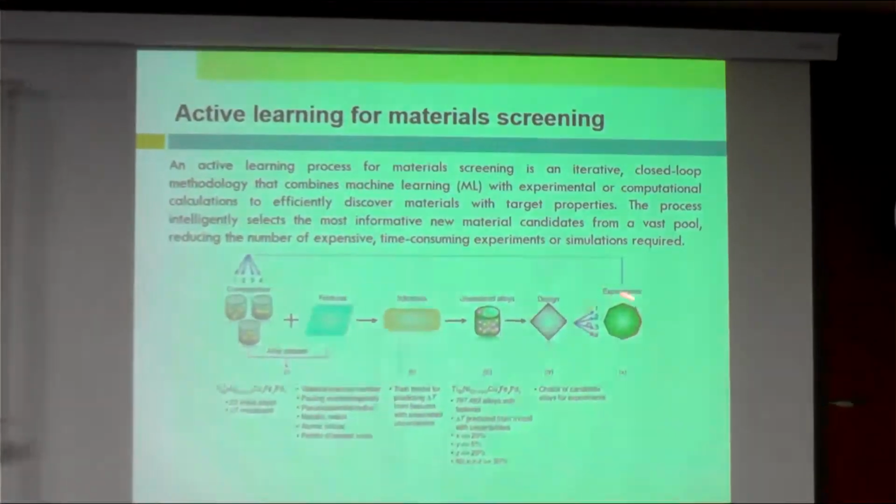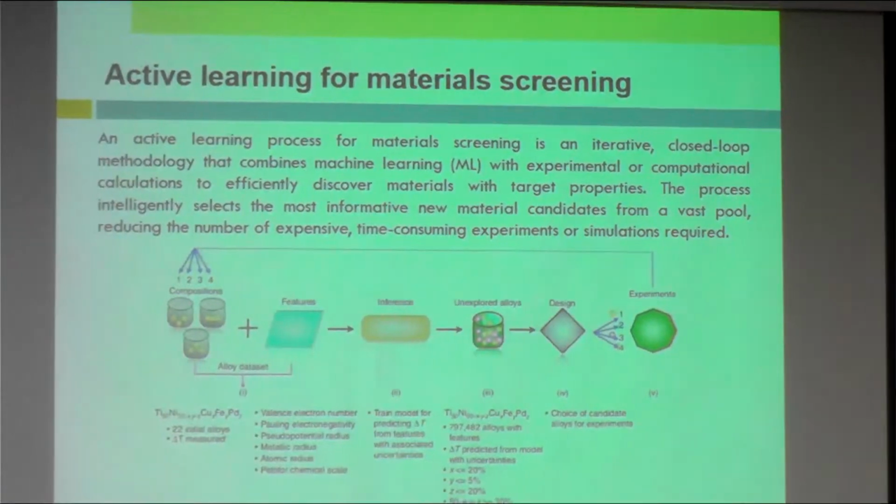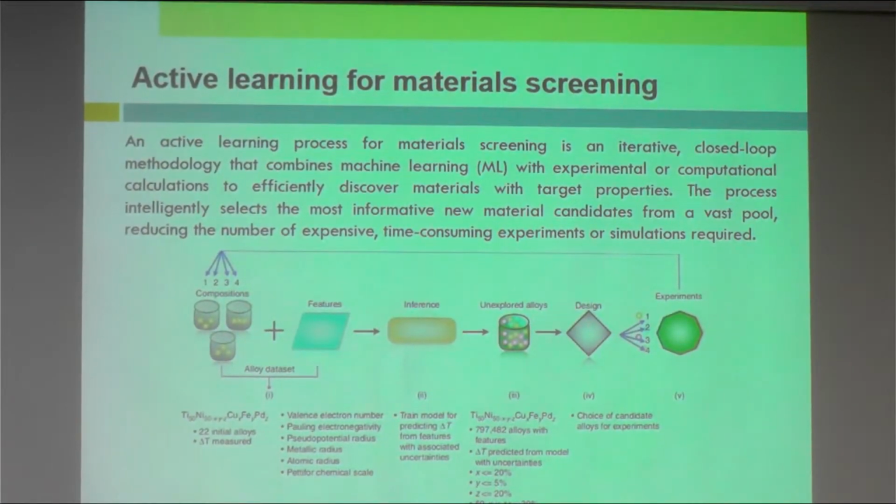Then, of course, this needs to be experimentally tested in order to confirm that what is predicted by active learning is as intended for the properties of the material. So this will save a lot of time in comparison to the process where we find the property of the material from a journal or a reported article, then we try to mix the material with a certain element.